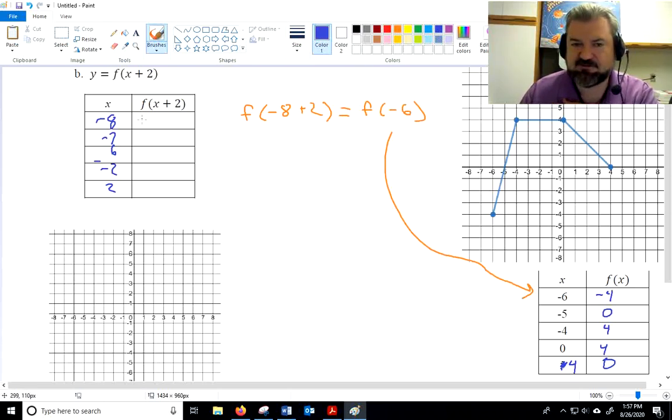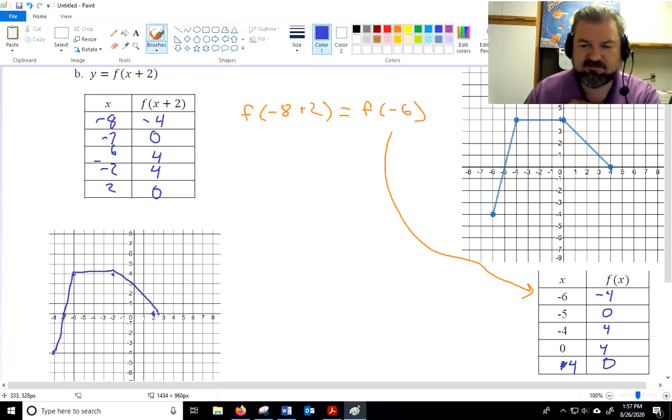And f of -6 is -4, and I think you can imagine that all of these values are going to end up getting mapped to where they used to be, making our graph just simply scoot over 2 to the left. And so there's that insider's lie, moving it left and right. All right, let's take a look at the next one.